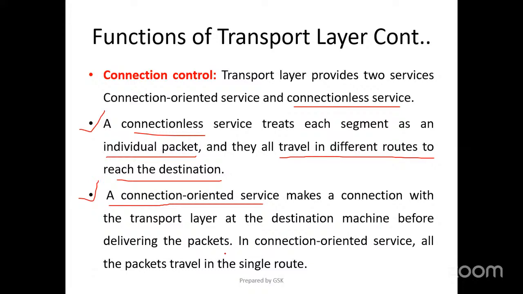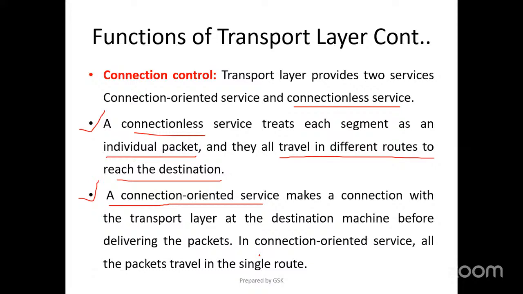So whenever you want to deliver particular data to any machine, before starting the sending of packets, that machine has to establish the connection from source to destination. After the connection is set up, only then is the data transmitted through that connection. This is about the connection-oriented method.